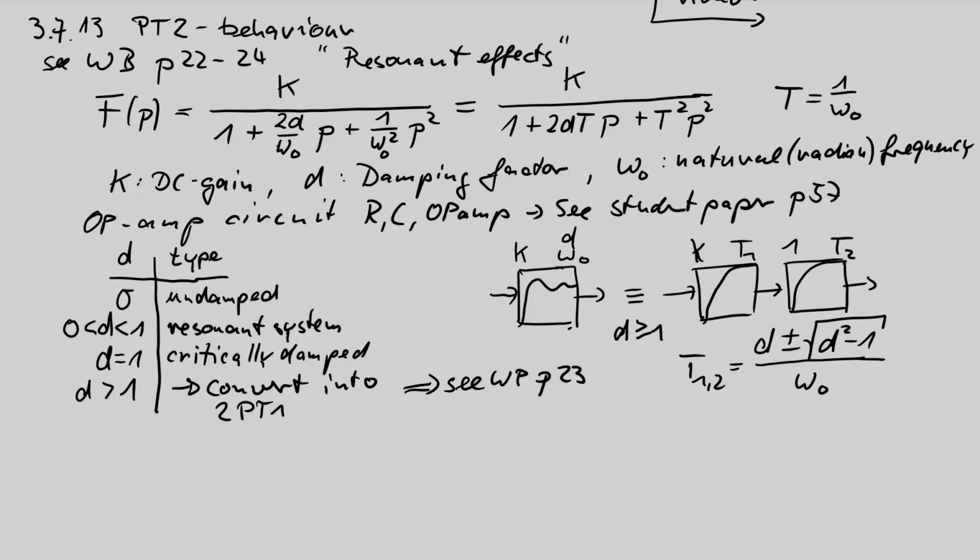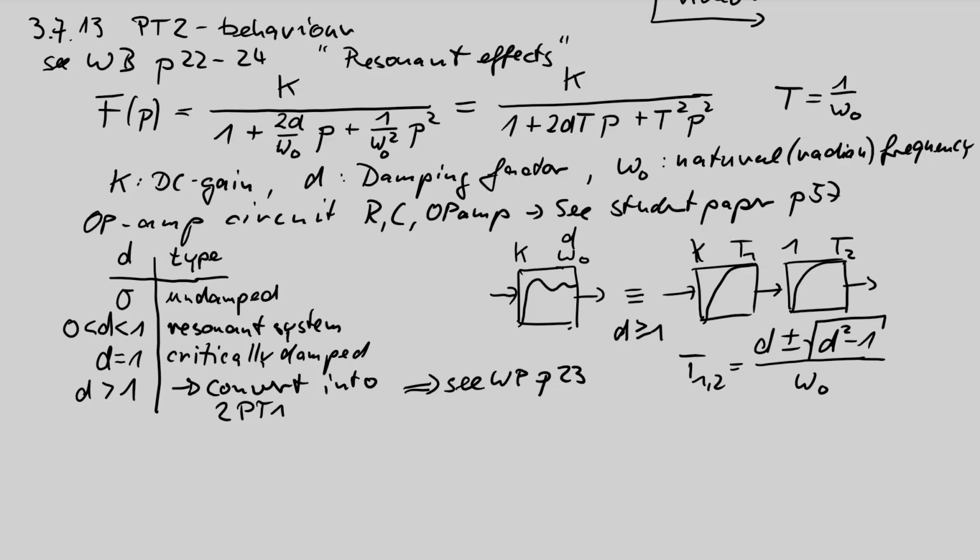Here you can see this only works if D is larger or equal to 1, otherwise the argument of the square root becomes negative, and then the time constant is complex, and that is not possible in a PT1. A PT1 must have a real time constant, otherwise this is not a PT1. So this conversion only works if the damping factor is larger than 1, and then with this you can very easily calculate both time constants.